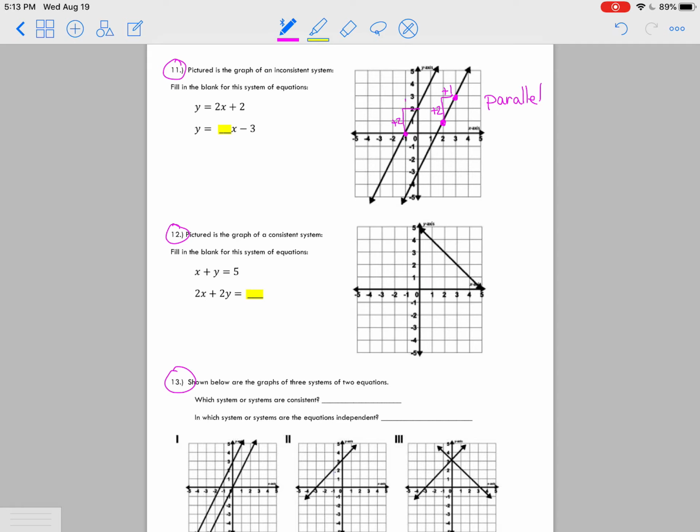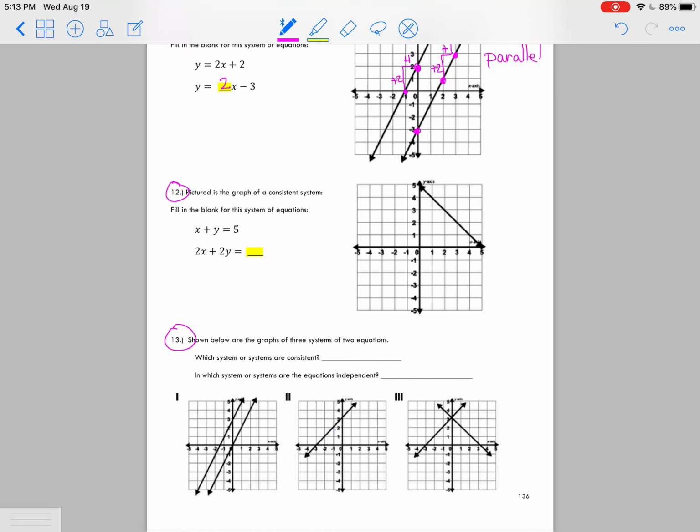This is plus 2 and plus 1. These are the same slope, right? One of them crosses the y-axis at -3, the other crosses up here at positive 2, but our slope is the same. So this would be an inconsistent system, and our lines would be independent.